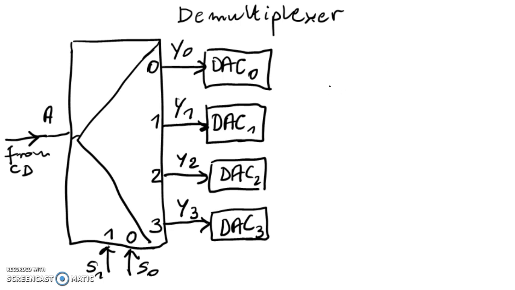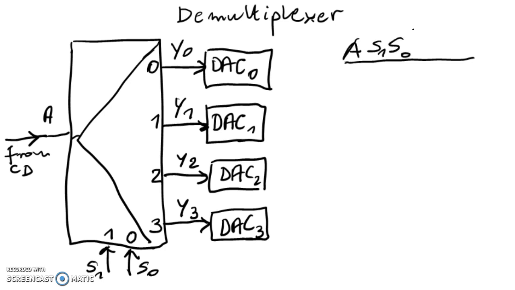Okay, so let's start designing it. You must design it from scratch using logic gates. But first, the truth table is needed. You've got 3 inputs: A, S1, S0.